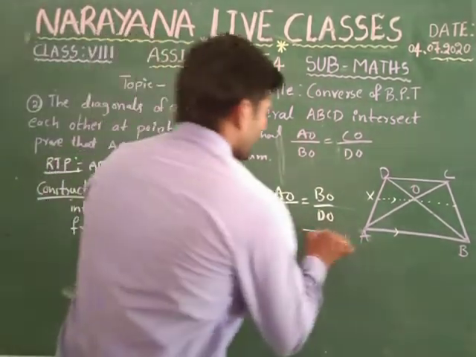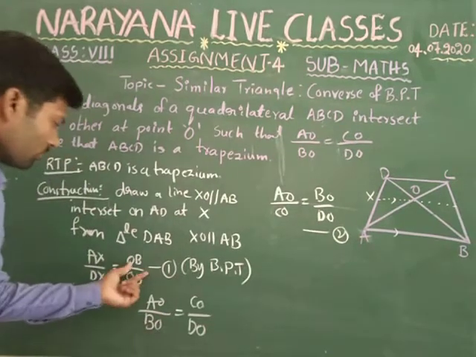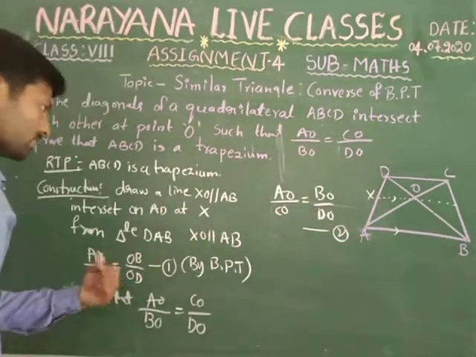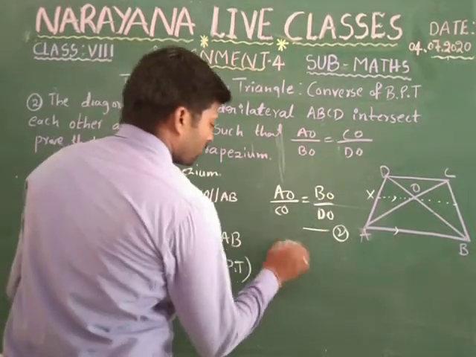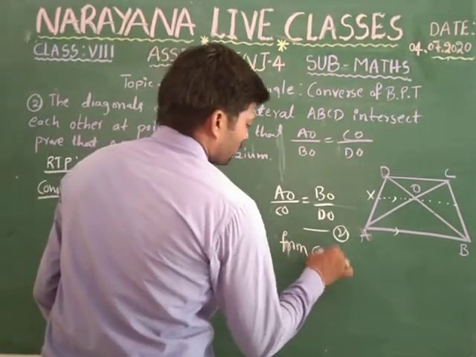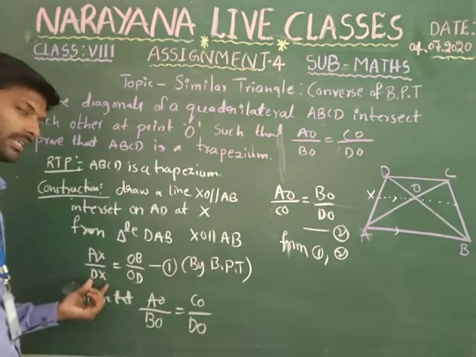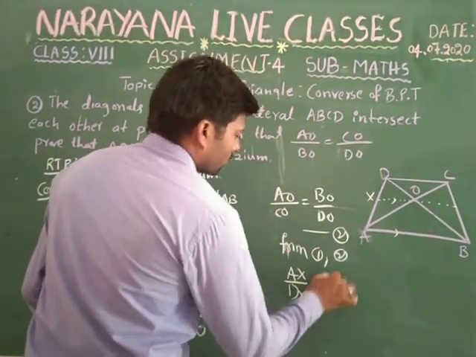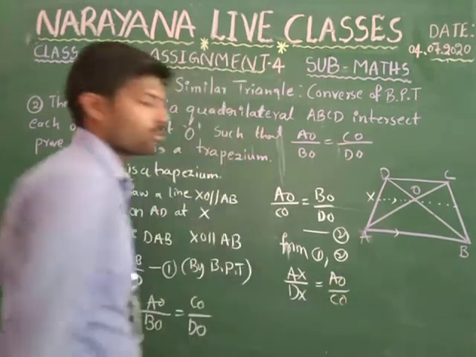We take this as equation 2. From equations 1 and 2, both RHS parts are equal, so we can equate their LHS parts. From 1 and 2, AX by DX is equal to AO by CO.